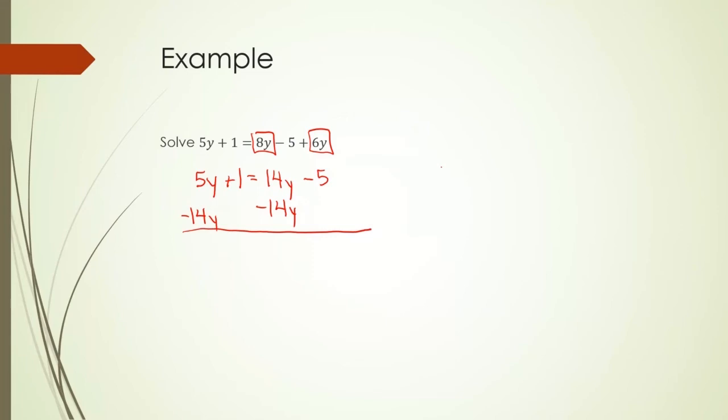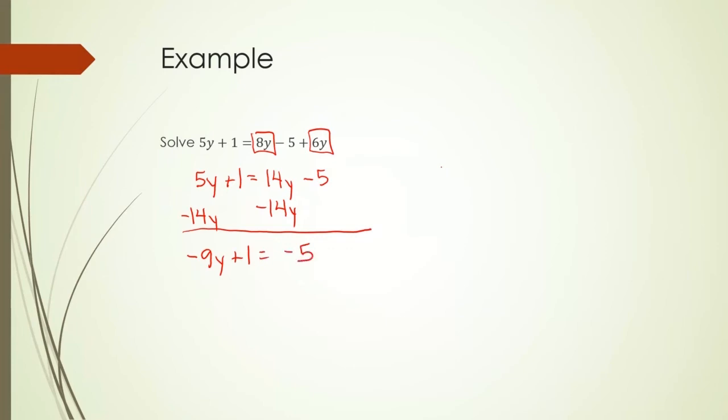5 minus 14. Now this is where I'm not very good with mental math for some reason with negatives. So if you're trying to do stuff in your head, here's how I think about it. I do 14 minus 5, which is 9. So this is going to get me a negative 9 because 14 is negative and it's larger than 5.